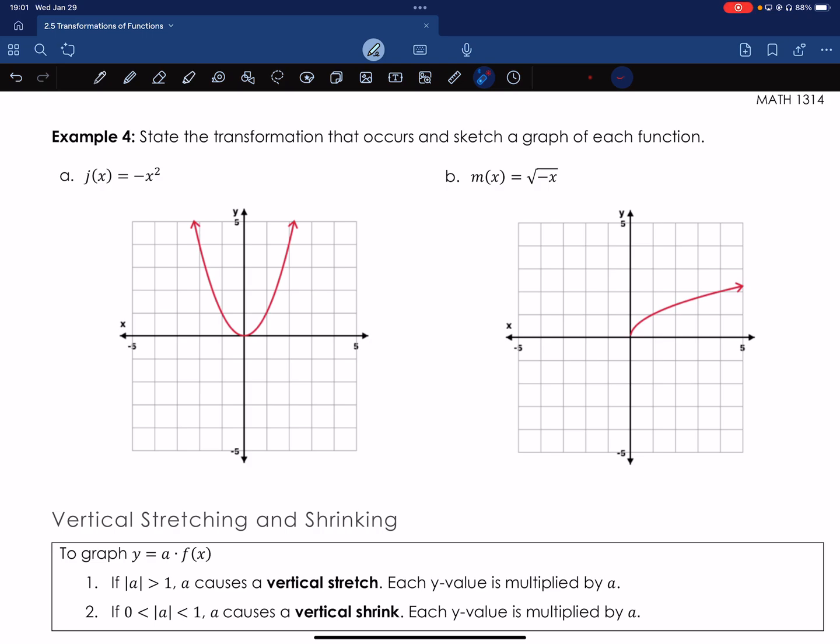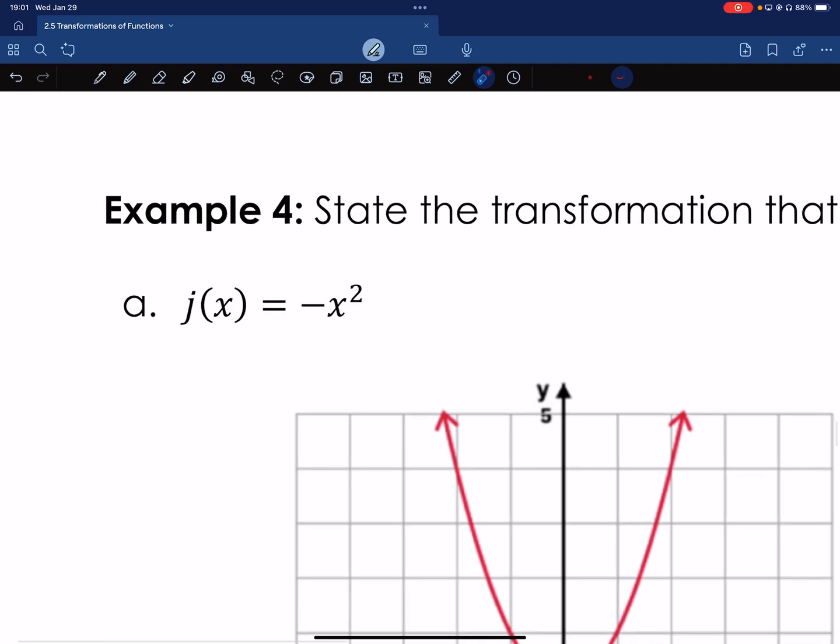On A, we have negative x squared. One thing I do want to say is that negative x squared is not the same thing as negative x quantity squared. Those are two different things. And that's something that might be confusing, might not be.